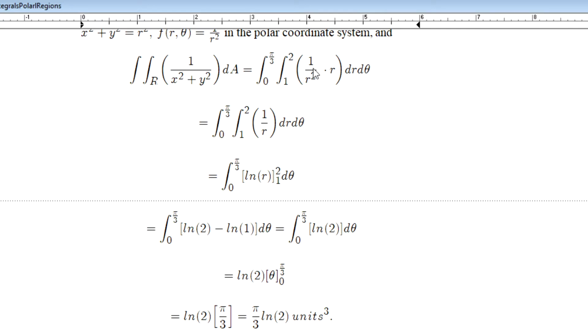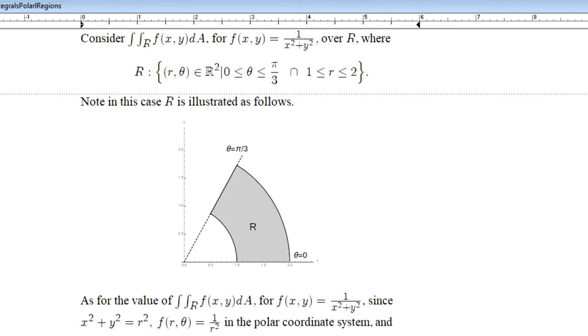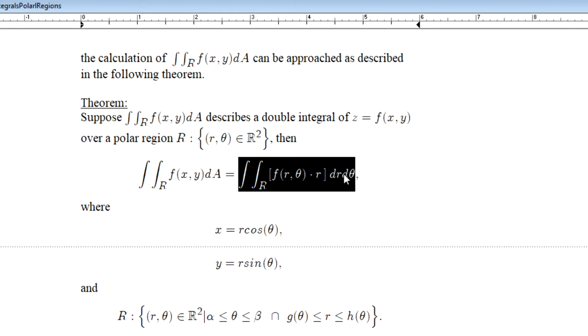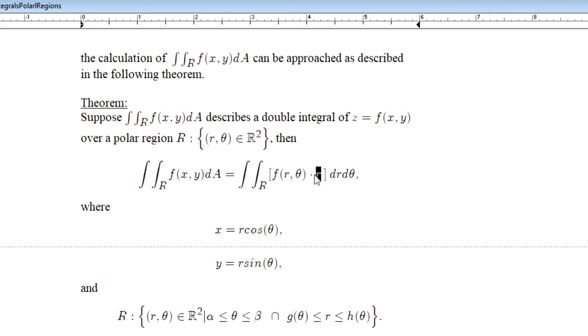That value of little r that we see is this multiplier in our theorem, and if I go back to the actual theorem and point this out, this is the value we're calculating down there in our calculation. We do want to find f in terms of r and theta and multiply it by this value of little r. That is your Jacobian multiplier when you think of transforming x and y's description of r into a description of r that happens in the polar coordinate system.